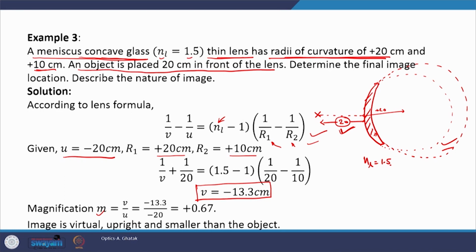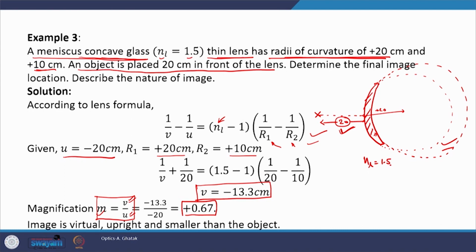But here the relevant quantities are V by U, therefore we will use this particular formula, m is equal to V by U. We will substitute for V and U, and this gives the value of magnification as plus 0.67. We know that when magnification is positive, it means that the image is upright, the image is pointing upward, it is erect.